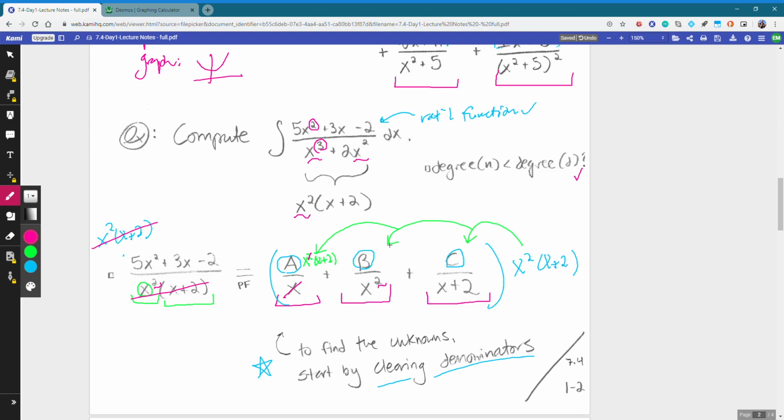When we distribute to the second term, both of the x's will cancel off, and we'll just be left with the x plus 2. And on the right, the x plus 2 is what's going to go, and we'll just be left with the x squared.